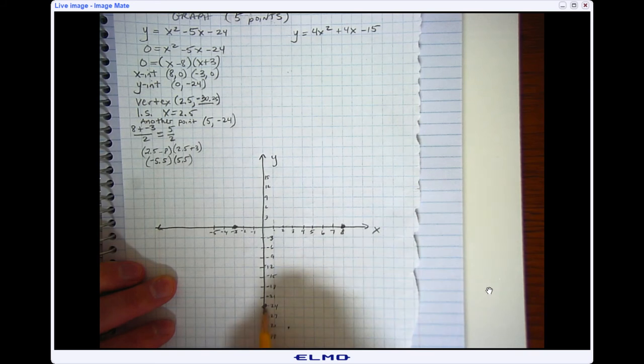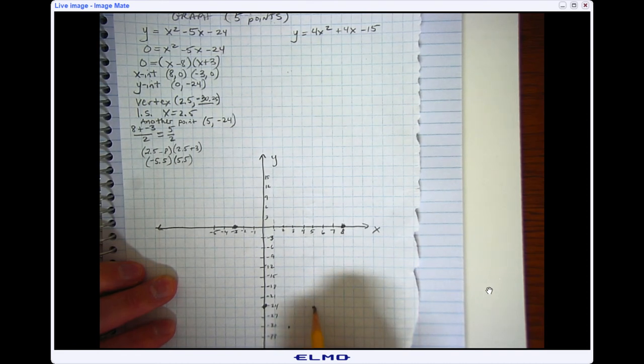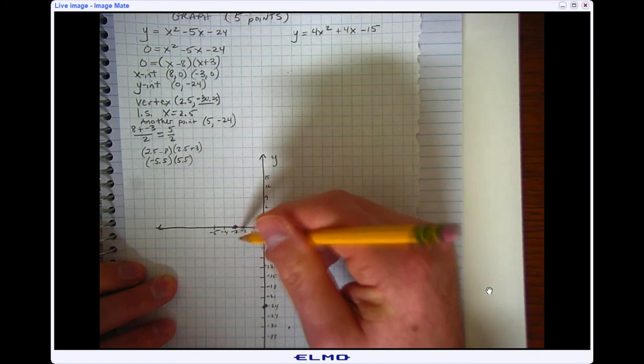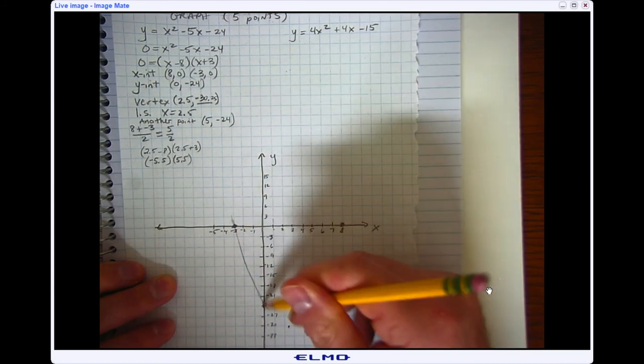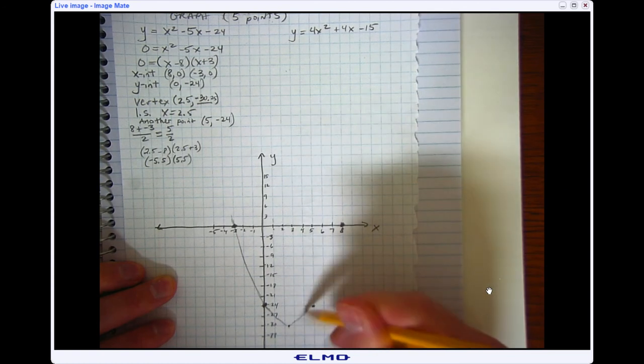If I reflect the negative 24 again, going another 2.5, I'm at 5, negative 24. By doing that, I have 5 points, which I can use to make a very accurate parabola.